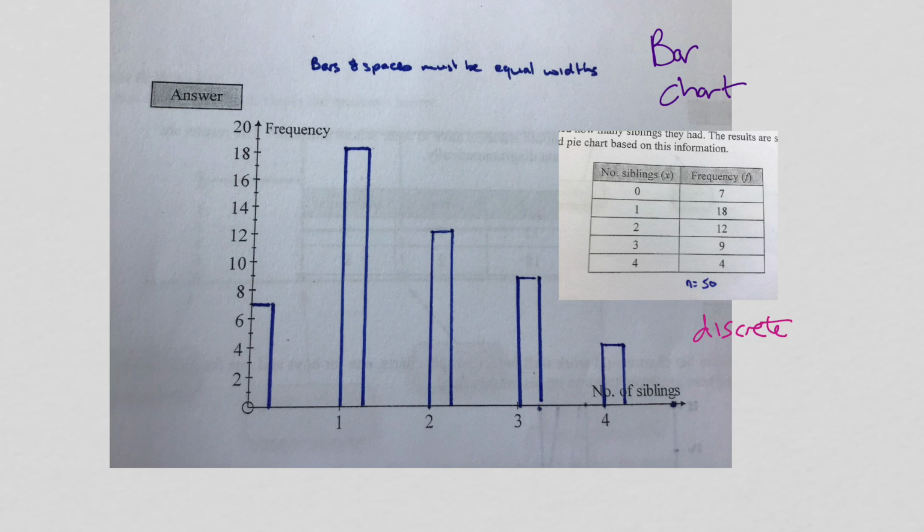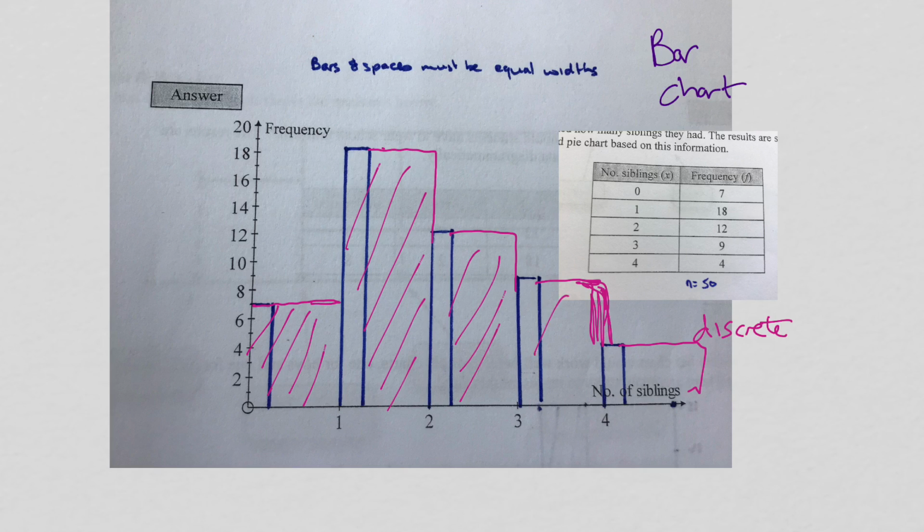So I could just as well do a bar chart like this. And that would also be a bar chart. Mine don't look all exactly the same width, but they should be, right? So if I had them as continuous bars next to each other like this, with no spaces whatsoever, that would be okay as well.